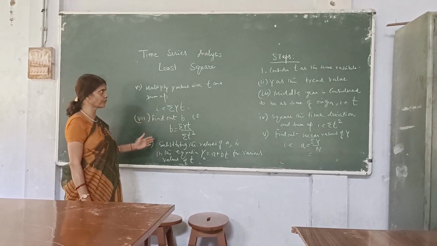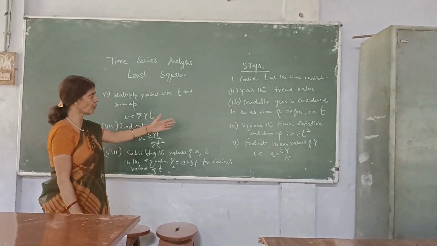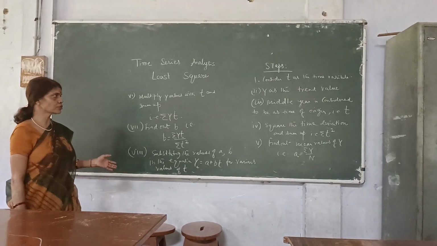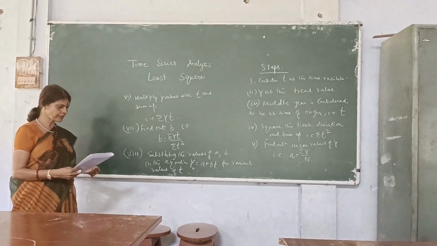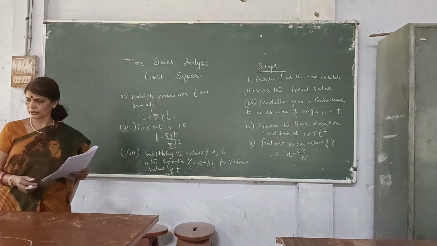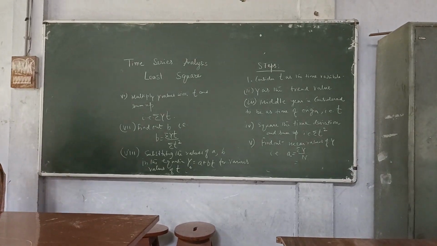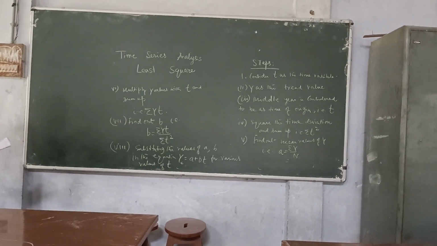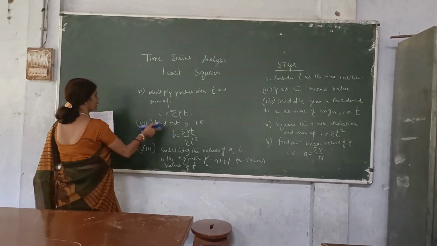So these are the different steps to follow for calculating the least square method. Now let us consider an example here to find out the predicted values as well as to fit the curve on the graph.